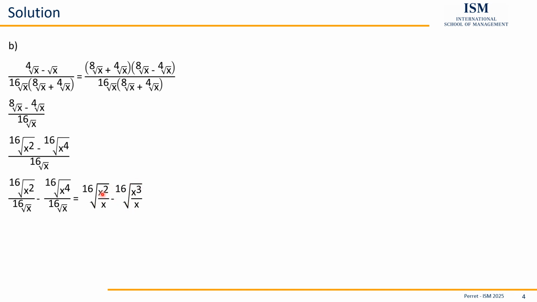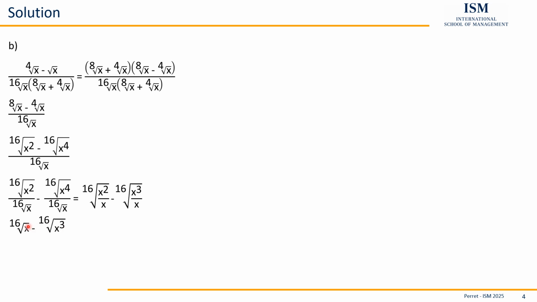And then I can see that those two cancel out, so x squared divided by x gives just x. X to the power of 3 divided by x gives x squared. So it simplifies to this result. And well, that's more or less everything I could do in this context.